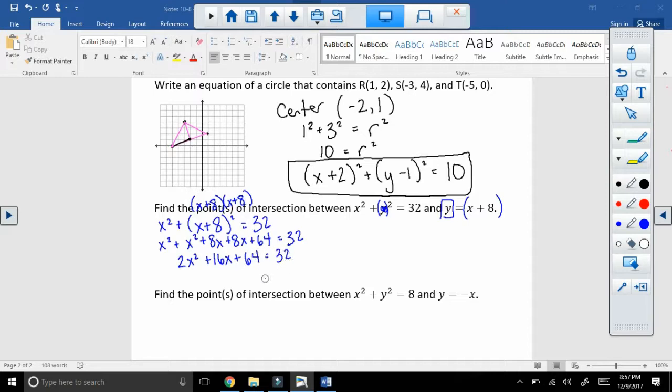I have some choices here as to how I want to solve this. One thing that you could do is go ahead and get this in standard form. So 2x squared plus 16x plus 32 equals 0. I could even divide 2 out of each of those.